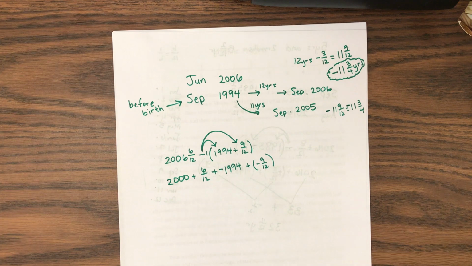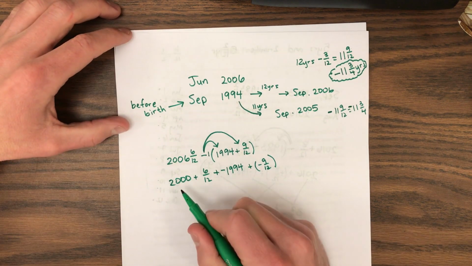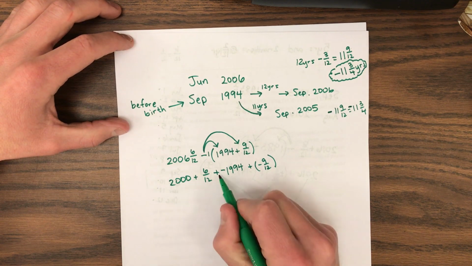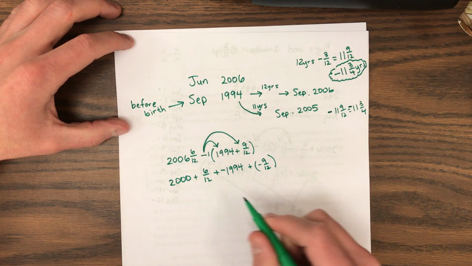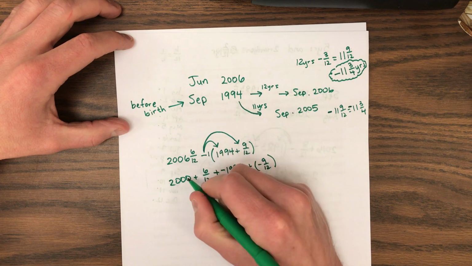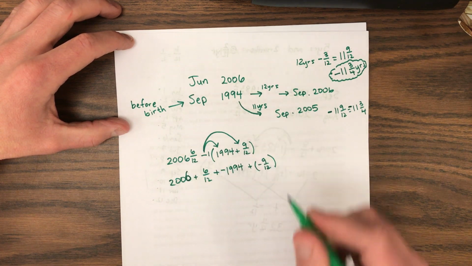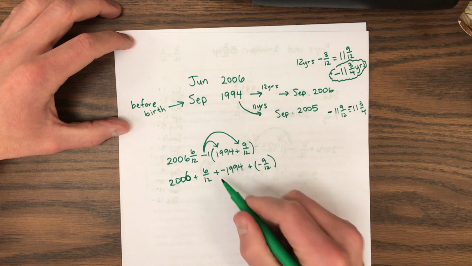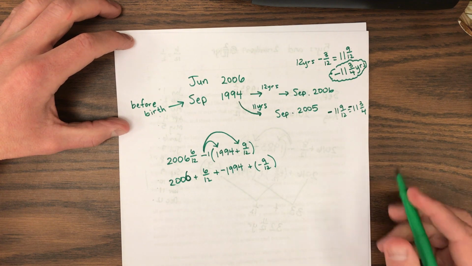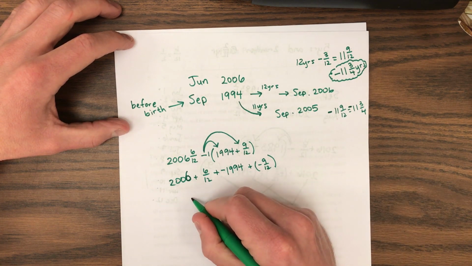And now we're going to wind up in another one of these weird situations where I think we're going to have a positive whole number and a negative fraction, and we got to figure out what that means in terms of the years. So 2006 plus a negative 1994, well, that's 12.